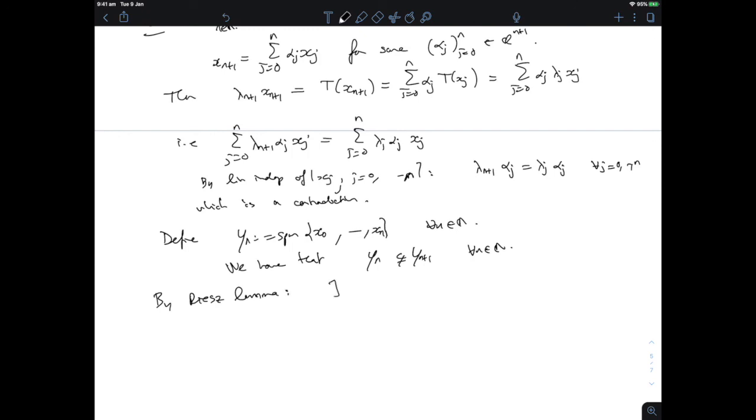Okay, and that's going to give us a sequence y_n in the unit sphere such that y_n belongs to capital Y_n for all n, but the distance of y_n to capital Y_{n-1} is greater than 1/2 for all n in N. Okay, now what can I do with that sequence?